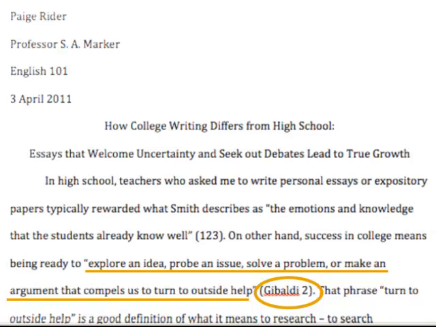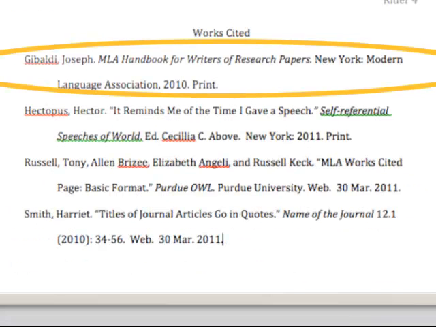Gabaldi might have written 10, 12, 20, 30, 40 different articles. And so we need to know where this is coming from. So we go to the works cited page. In this case, it's Joseph Gabaldi in the MLA Handbook for Writers of Research Papers, and they give us the information that we need to find that information on our own.